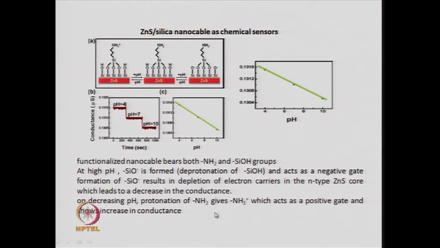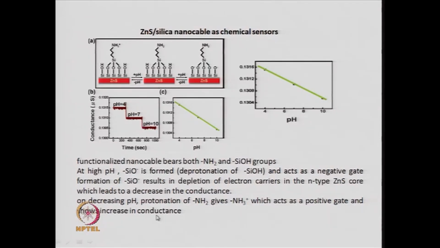So, this kind of variation in pH is controlling the conductance, and it is behaving like a gate. This is well known in semiconducting devices, where one controls the current flow through a particular voltage, which is called the gate voltage. But here you are doing this by varying the pH of the system.